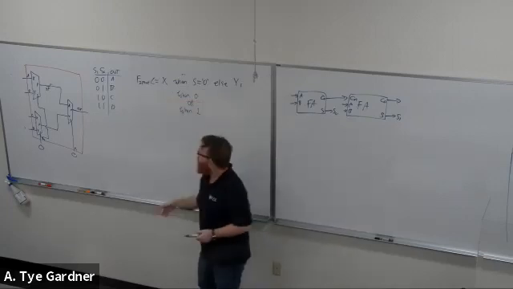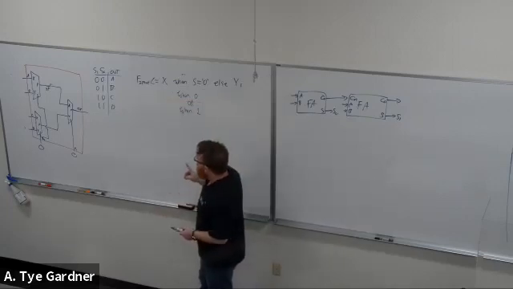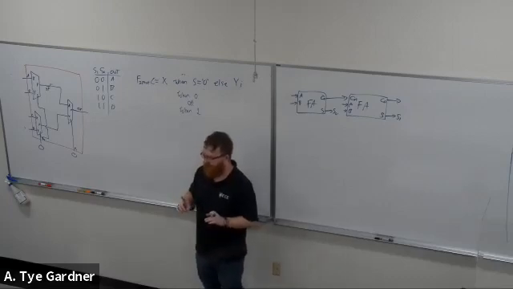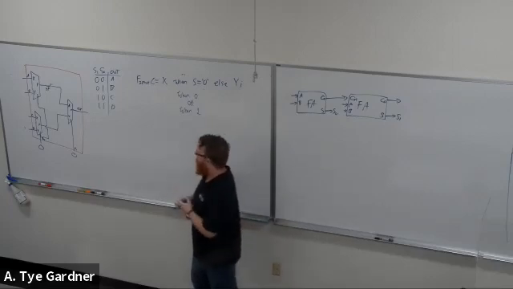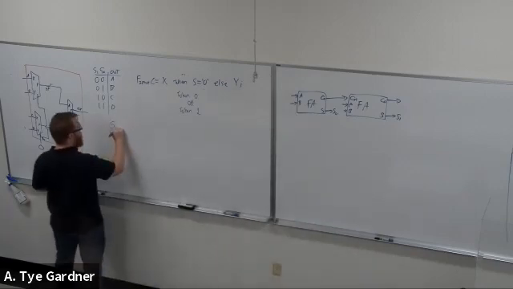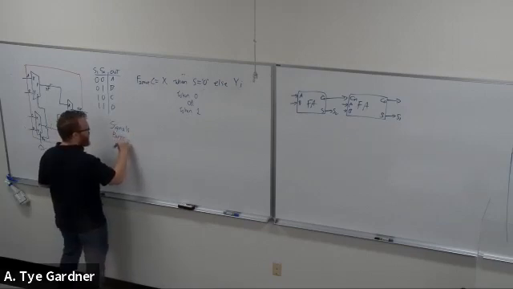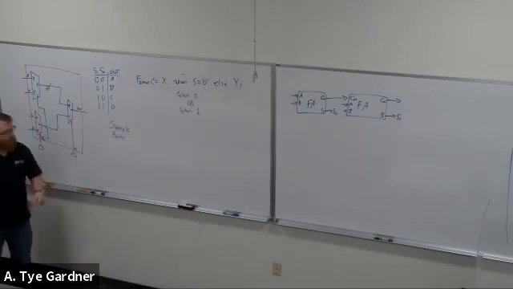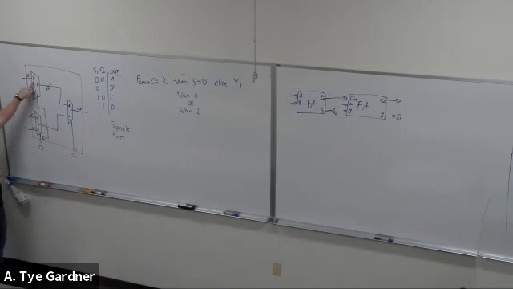Now, X and Y in this case are a little confusing because we're going to have two different things going on. Well, three really. We're going to have signals and we're going to have ports. Okay. I have the port X. But now, if I want to connect things together, I need a signal. Okay.